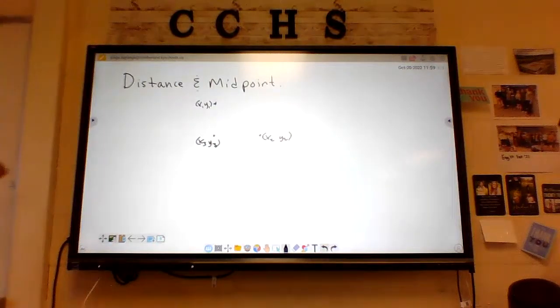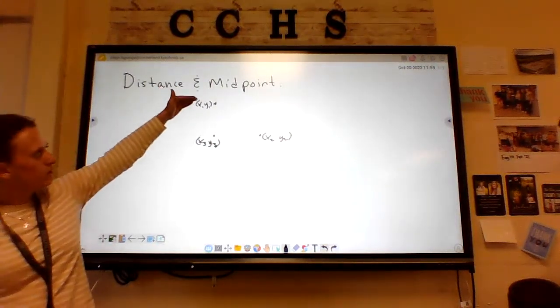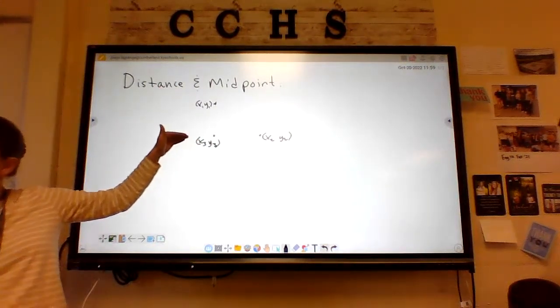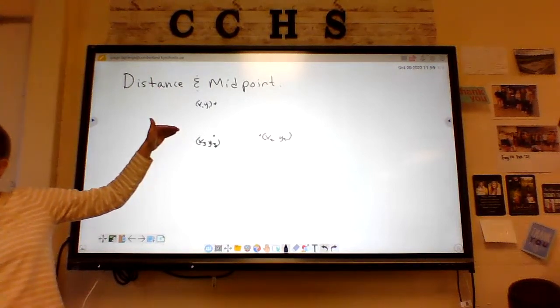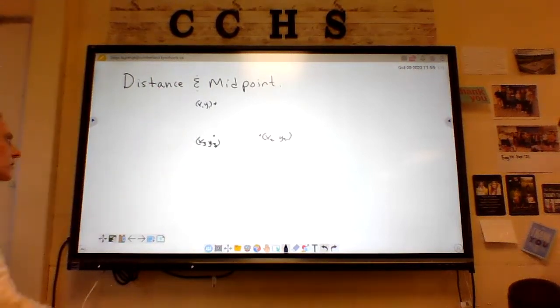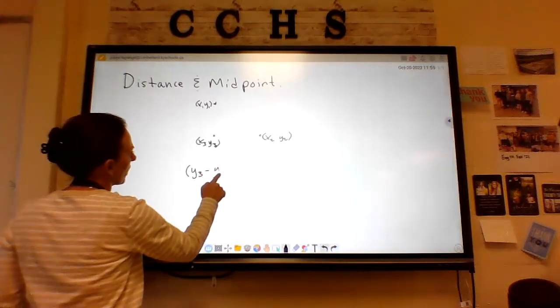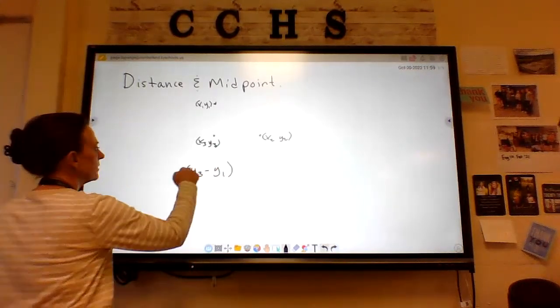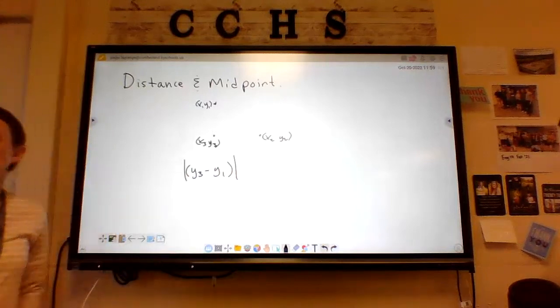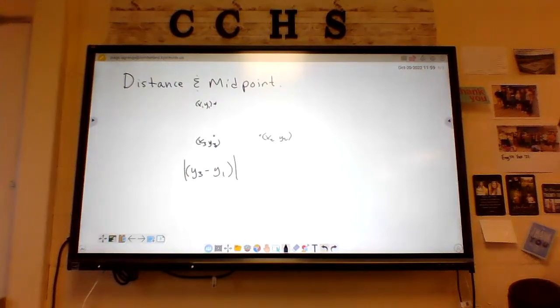But you can take the difference, right? You take the difference between your Y values, and that gives you the length of that line, right? Yes, because it's vertical. So we would have Y3 minus Y1, or vice versa, the absolute value of that to give us the length of that line.